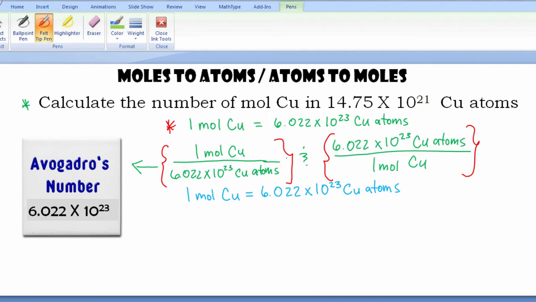So now we're going from atoms of copper to moles of copper.